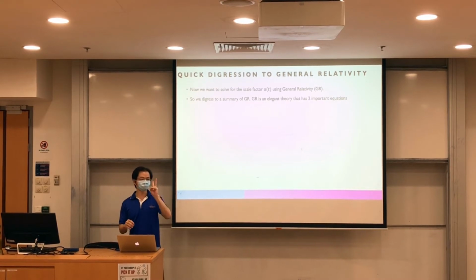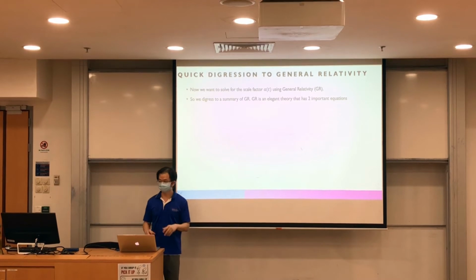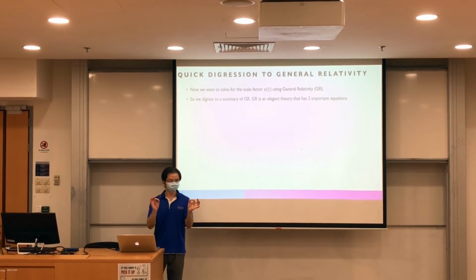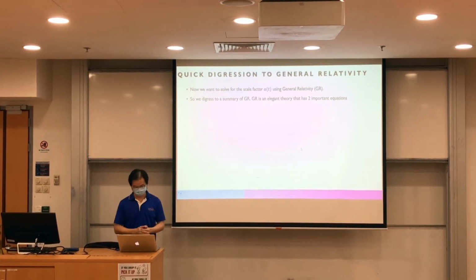There are just 2 important equations. Just that when I'm teaching the course, deriving these 2 equations takes almost half a semester. So it's a sweet theory, but it takes a long journey to get to the sweet spot.